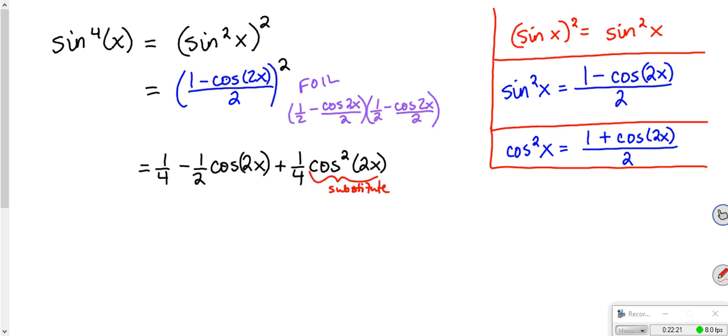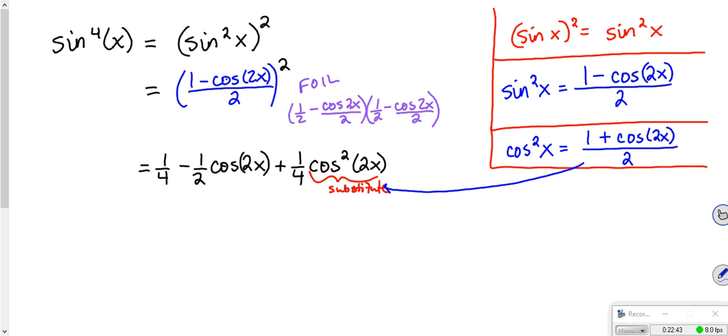Okay, so sine squared x is 1 minus cosine 2x over 2. Cosine squared x is 1 plus cosine 2x over 2. Those are formulas again on that slide 11 in your PowerPoint. So now I have to substitute that cosine squared here. I have to substitute this in.